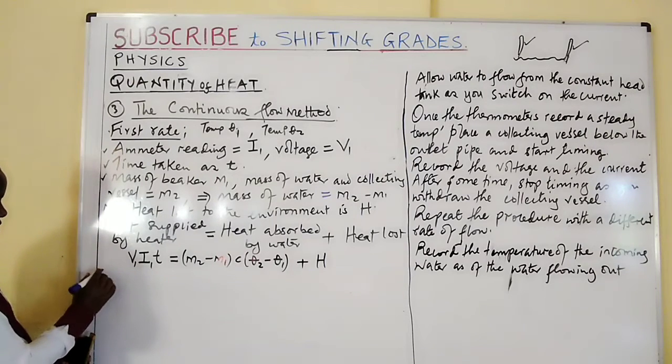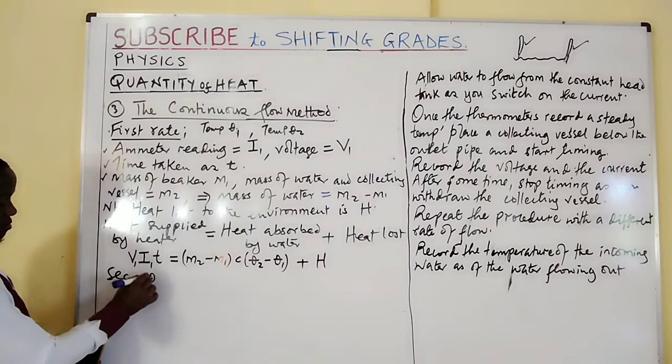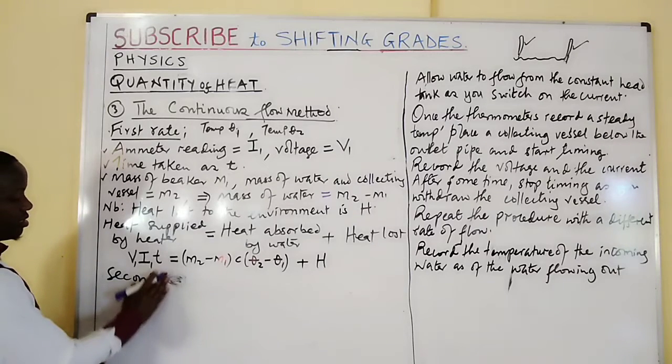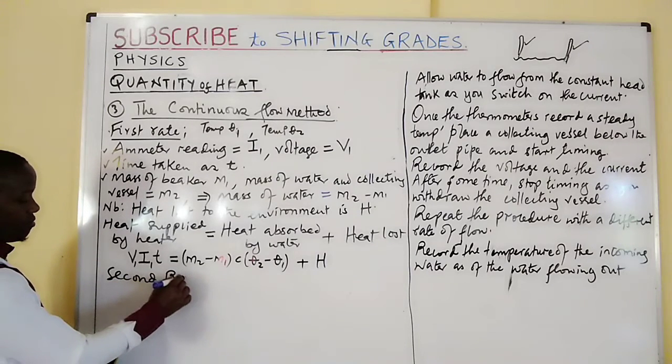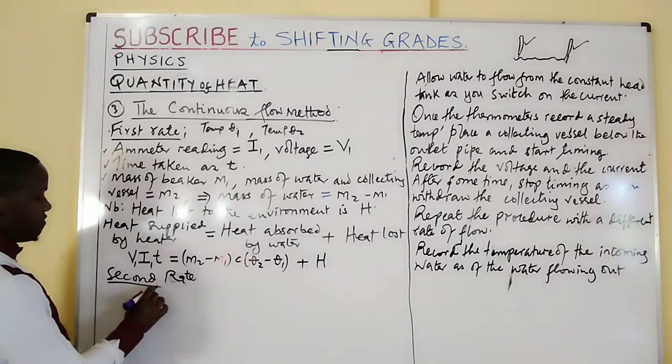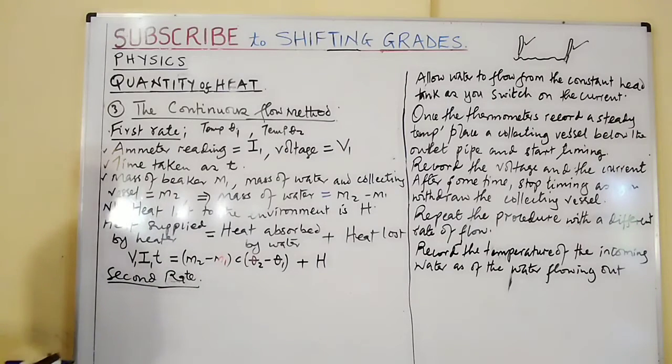Second rate. For the second rate of flow, what will differ mostly here is maybe the current being supplied, because it is just maybe reduced, and the water which will have been collected within the same time.